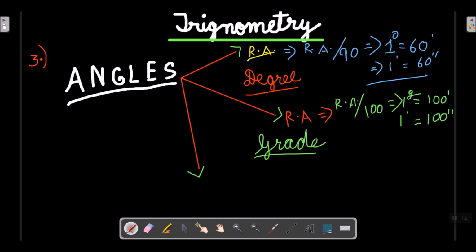If you take a circle, so here I have taken a circle, don't go by its shape. Let me make a bold circle, and we take the center. Now you take the radius.